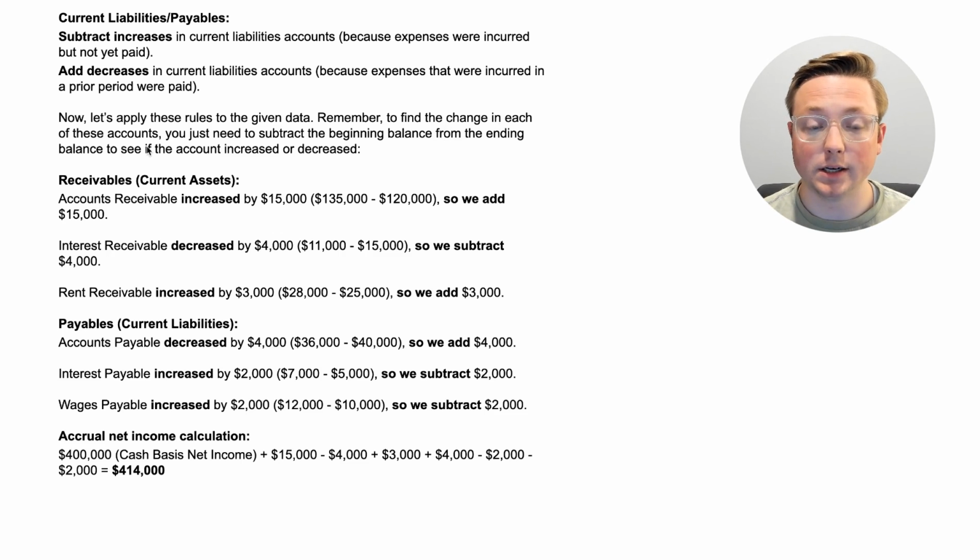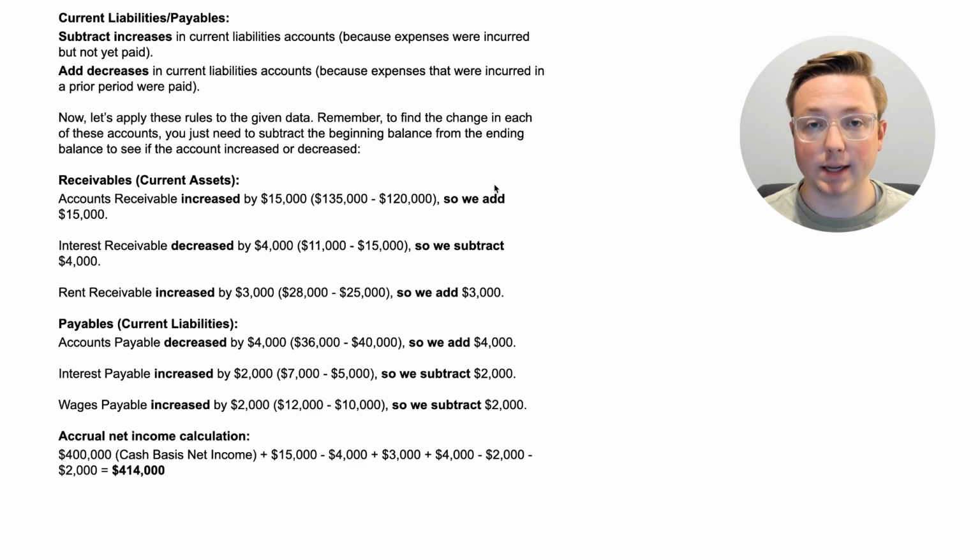To find the change in each of these accounts, the accounts receivable accounts and the accounts payable accounts, you need to subtract the beginning balance from the ending balance to see if the account increased or decreased. Because in my brain, I think it's easier to just think of it as increased or decreased. You do the same thing for each of them. You don't do something different for beginning AP and ending AP compared to beginning AR and ending AR.